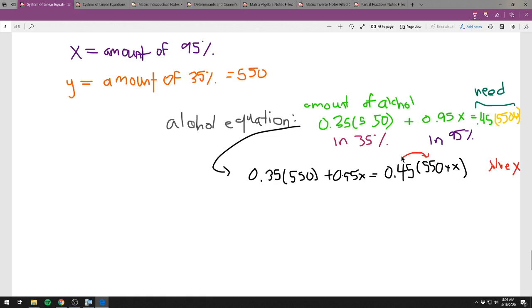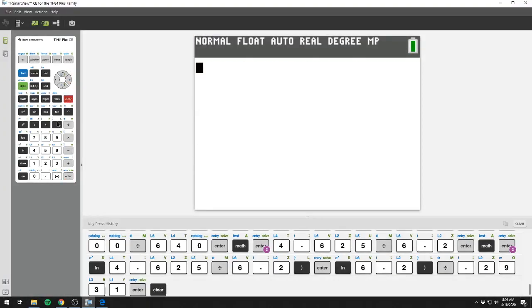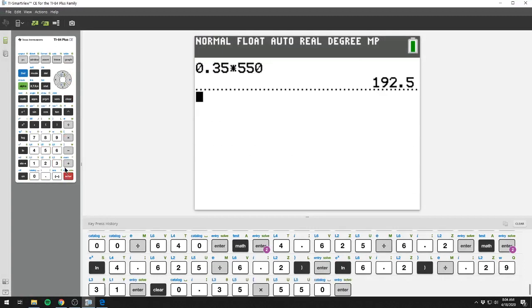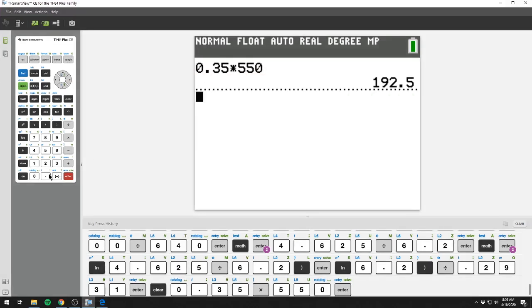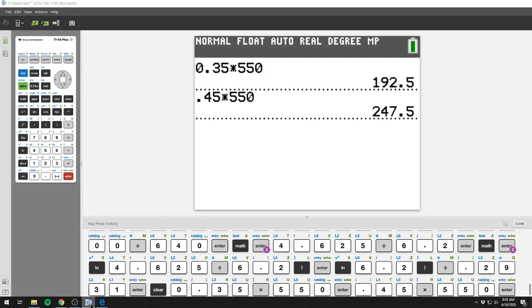So go ahead and distribute on the left side and multiply the 0.35 times 550. 0.35 times 550 is 192.5 plus 0.95x. If we distribute the 0.45 through to the 550, we get 247.5.